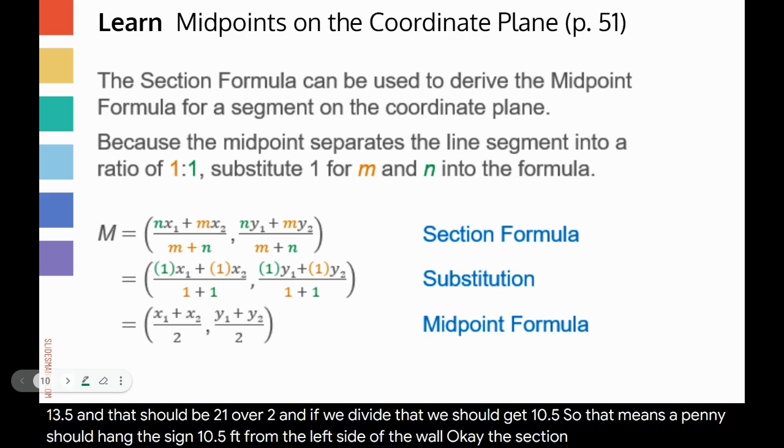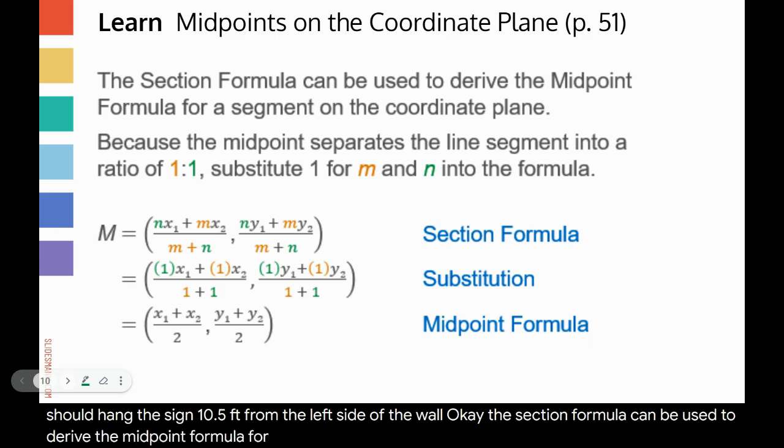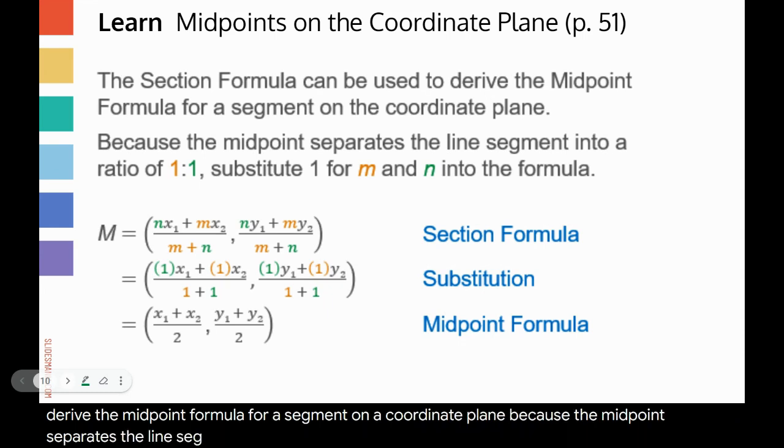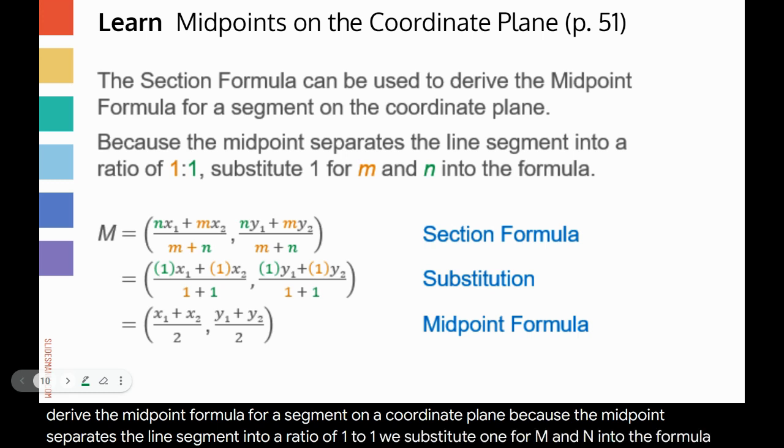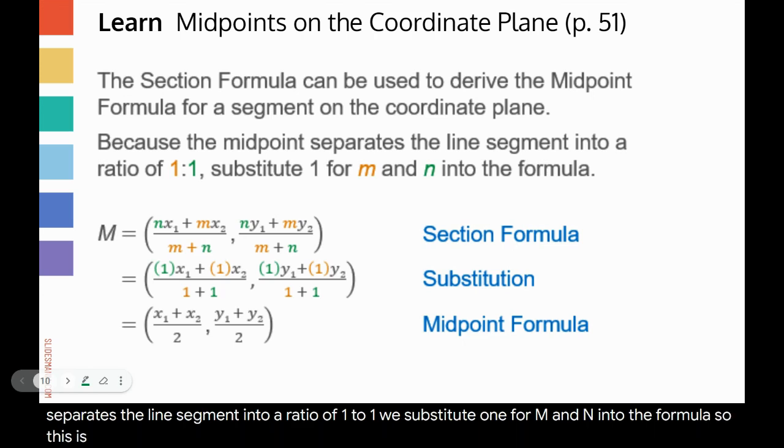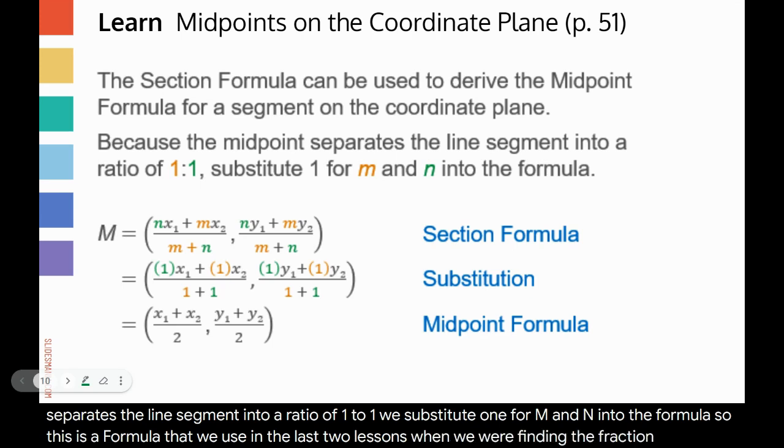Okay, the section formula can be used to derive the midpoint formula for a segment on a coordinate plane. Because the midpoint separates the line segment into a ratio of 1 to 1, we substitute 1 for m and n into the formula. This is a formula that we used in the last 2 lessons when we were finding the fractional distance.